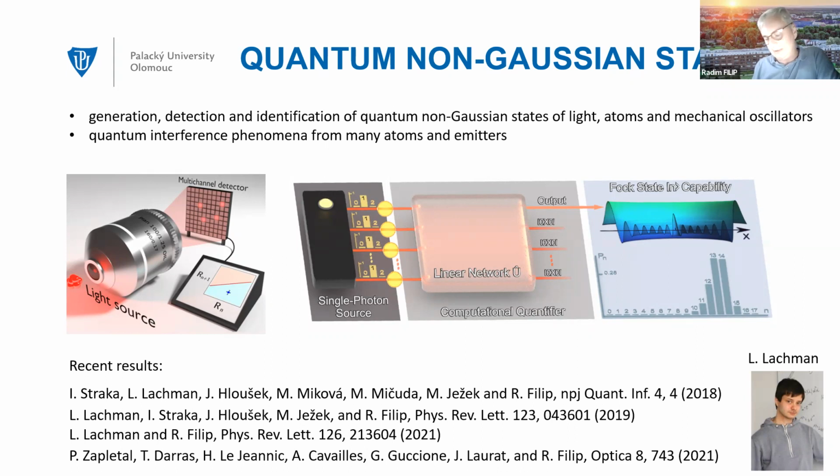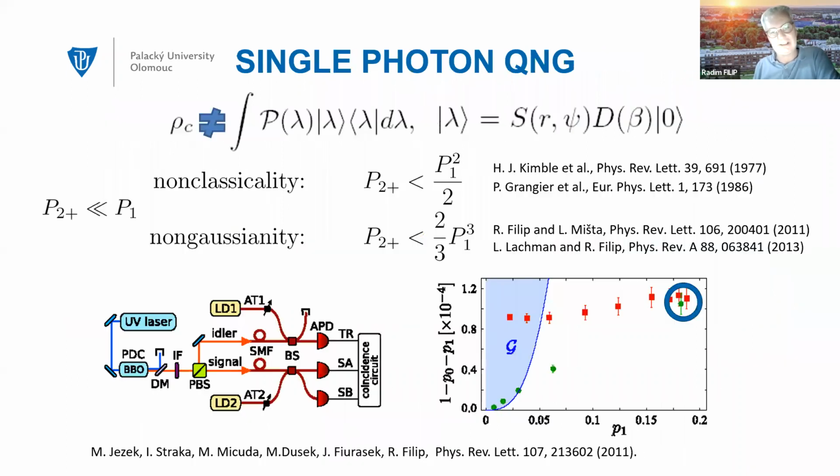But gradually they were developed, and we started to look more and more at the serious problems with these states. I would like to emphasize the role of Lukáš Lachman, who is a fresh postdoc in my team, and who is basically taking care of the majority of theoretical research in that direction together with me.